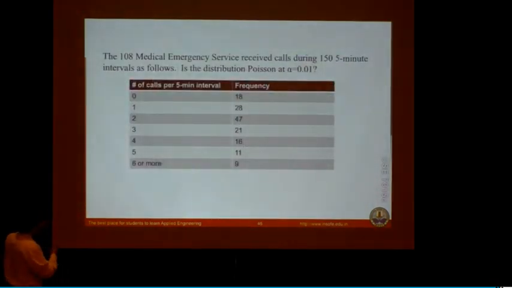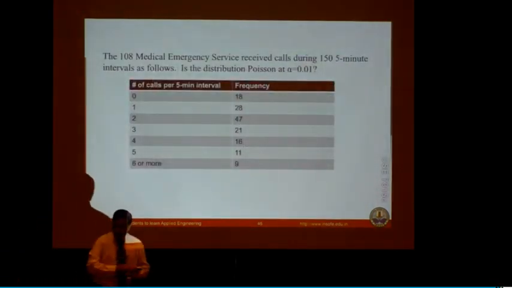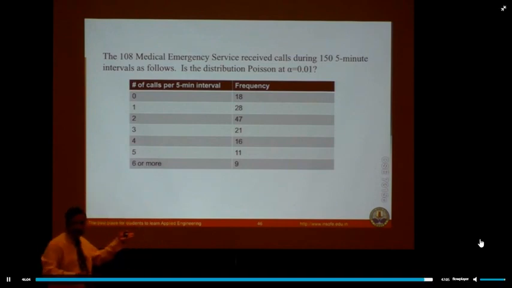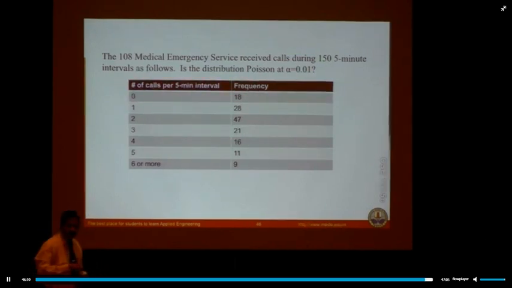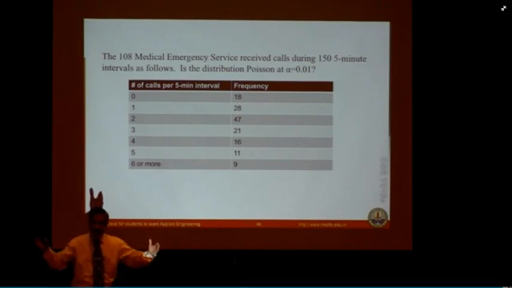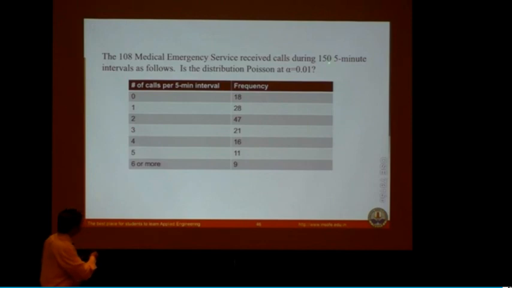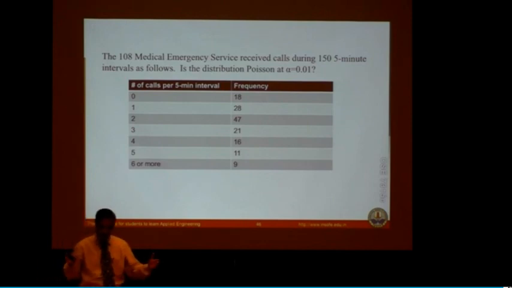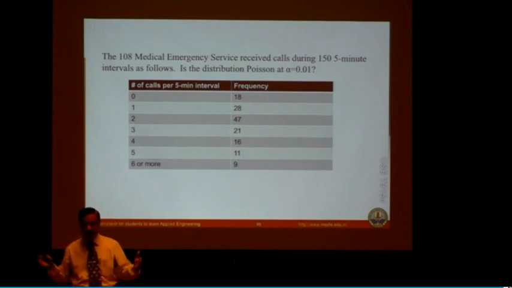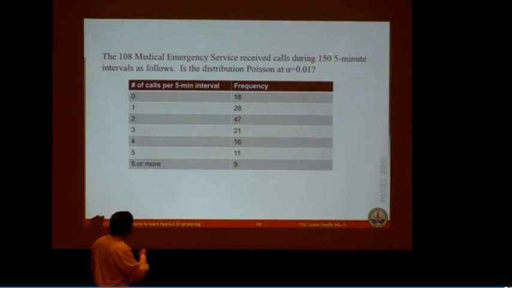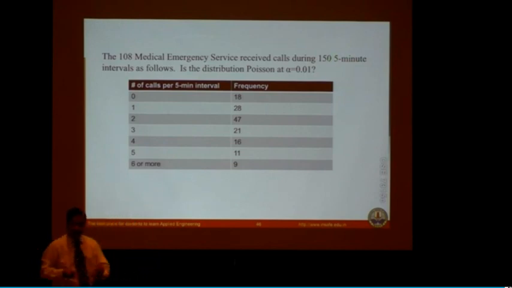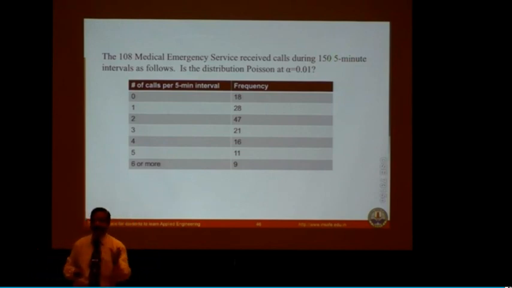So let's do this problem right here. The medical emergency service, the 108 service, the ambulance, receives calls at this rate. The day is 750 minutes, so that is 12.5 hours. I divided that into 5-minute intervals, 5 minutes, 5 minutes, and I am counting.